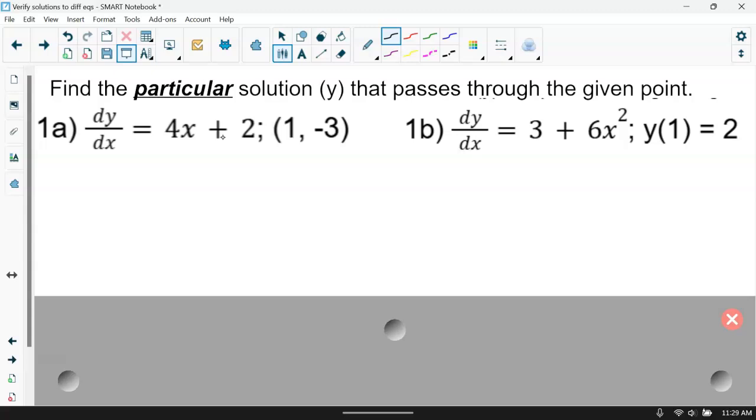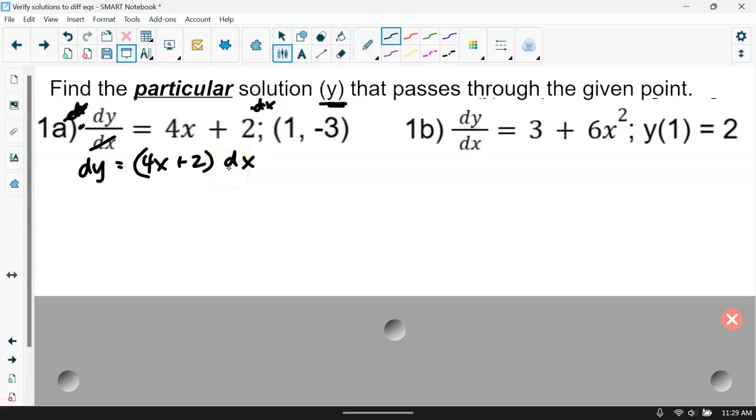If you think about it, we need to know what y is. Right now I've got dy dx. If dy is being divided by dx, then I'll multiply both sides by dx. So dy is equal to 4x plus 2 times dx.